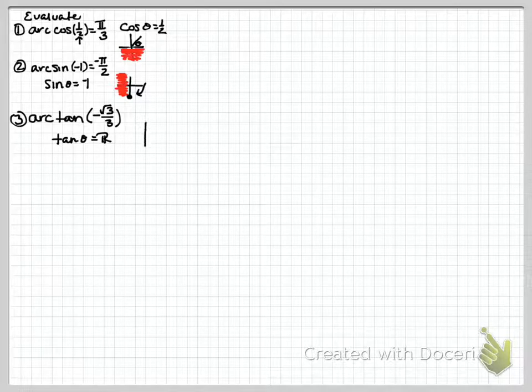Now let's talk about our restriction again. Where's tangent restricted? Same place that sine is. So it can't go here or here. So we can't go in that second and third quadrant. So where's tangent negative? Not in quadrant 1, but down here in quadrant 4 somewhere. So we have to go this way.